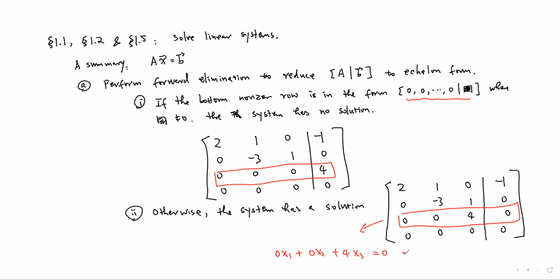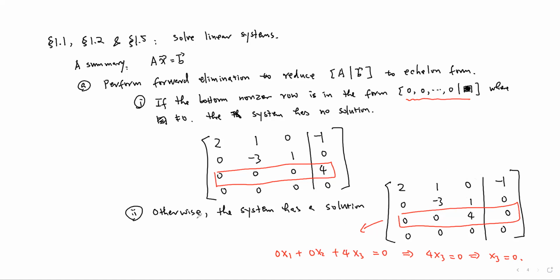The solution is x3 is 0. How to determine x2? Plug x3 in the second equation, then we can get x2. Plug x2 and x3 in the first equation, we can get x1. So this linear system has a solution.